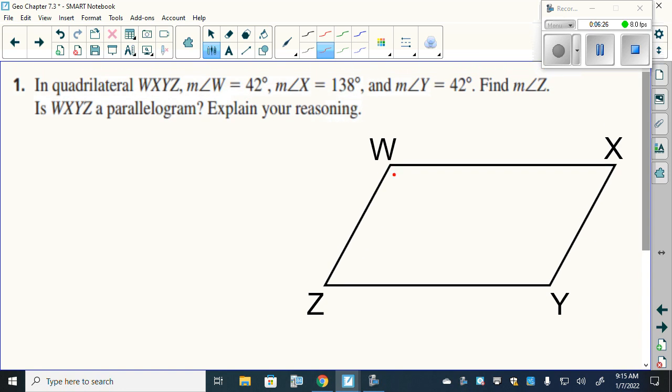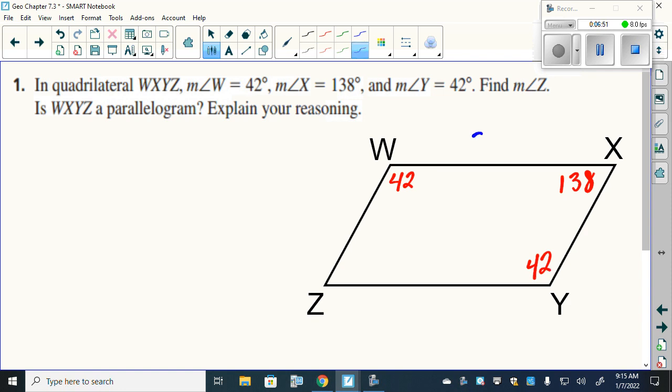So W is 42, X is 138, and Y is 42 degrees. Do we know anything else about the figure? All the angles add up to be 360.